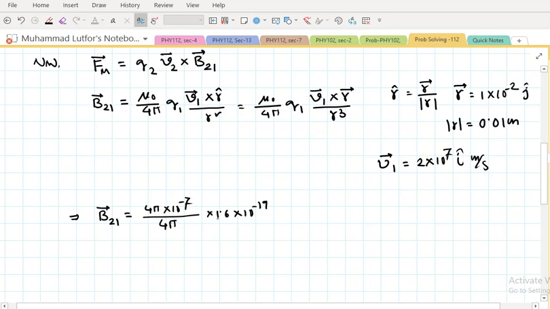If it were an electron, I would use the negative sign there. Then v1, which is 2 times 10 to the power 7 i hat, cross r, which is 1 times 10 to the power minus 2 j hat, divided by r cube. So r cube is 0.01 meter cubed.